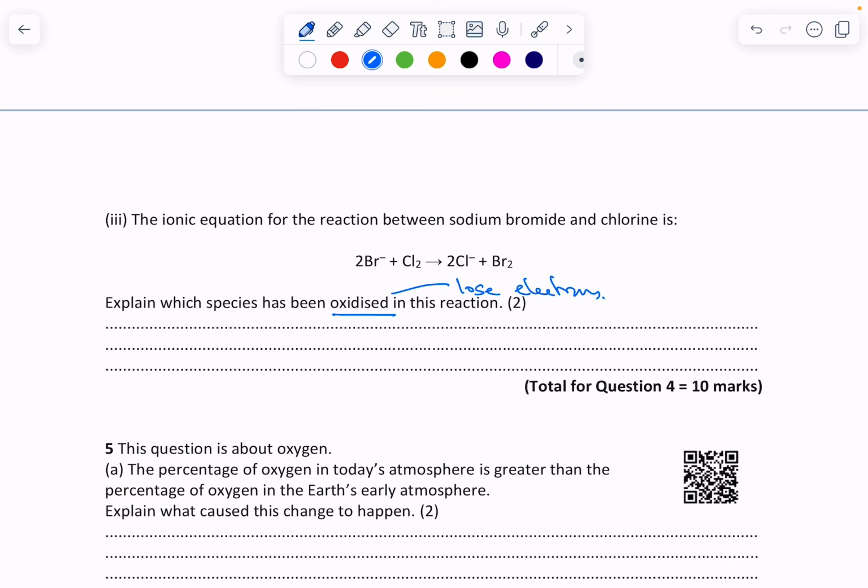Okay. If I pick on the bromide ion here, my bromide ion is forming bromine with no charge, so it's losing electrons. Be very careful how you put your answer here, because it is the bromide ion, Br- ion, that is oxidized as it loses electrons to form bromine.